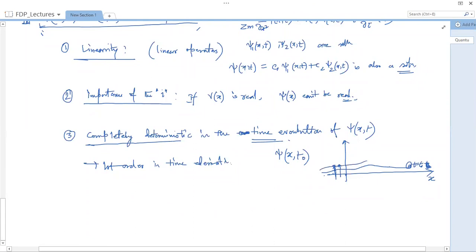So we'll have another wave function at t equal to t naught plus delta t, let's say. So we know how this wave function psi x t naught moves as psi x t moves, once we know psi x t naught for all x.